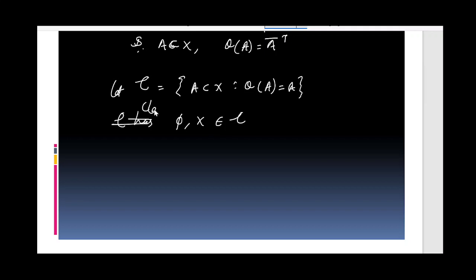Claim: we claim that the empty set belongs to C. And second thing, C is closed under arbitrary intersection.